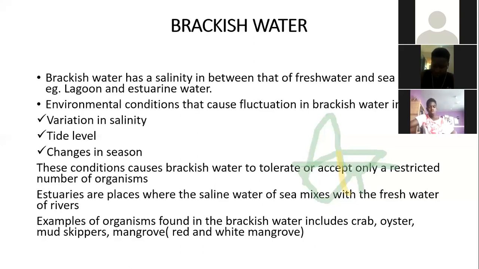Its roots are normally on land. It's in water, but normally around an island. That is where these mangroves are found. So you can have the red mangrove, then the white mangrove. Those are examples of the mangroves that we have.